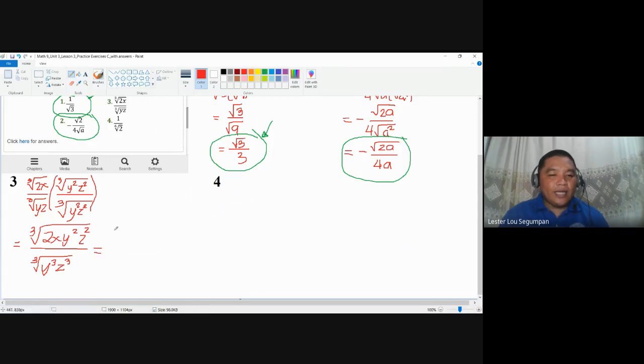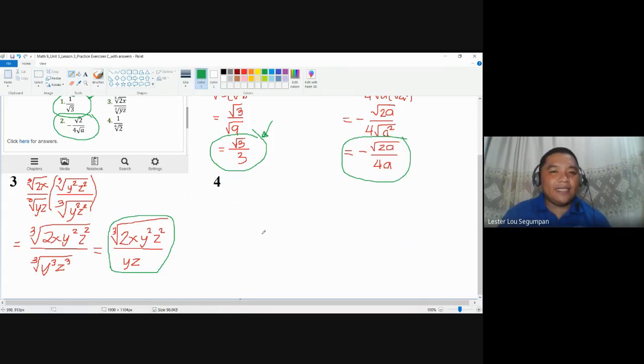In the numerator, take note that it's a cube root. 2 is not a perfect cube. x is not a perfect cube, nor y squared, nor z squared. Therefore, we cannot simplify any of the items in the numerator. But we can simplify the items in the denominator. The cube root of y cubed is just y. The cube root of z cubed is simply z. So this is the simplified form when we rationalize the denominator of number 3.